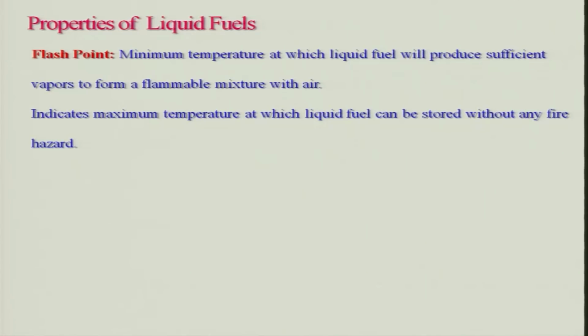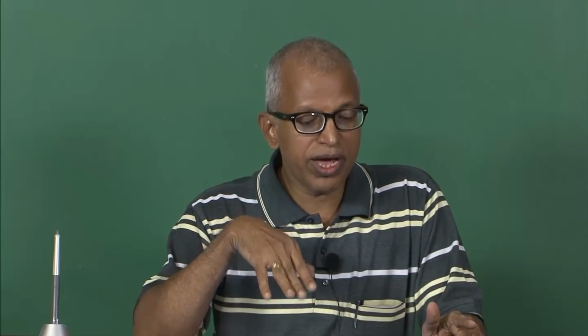It is required because it indicates the maximum temperature at which liquid fuel can be stored without any fire hazard. If you store below it, you are safe; beyond it, the flash and fire hazard will occur. So for storage it is very important to know the flash point of the fuel.